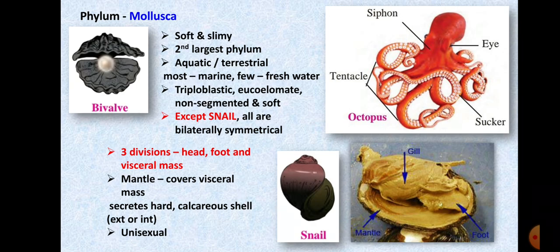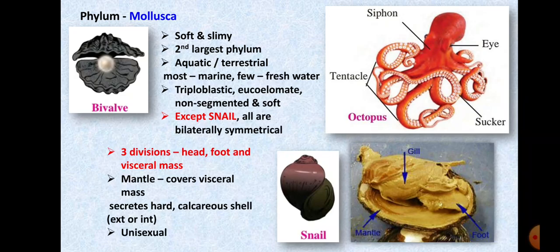So mantle is a hard calcareous shell-like structure, and sometimes this shell can be external, sometimes internal as well. All the molluscans are unisexual, either male or female. They are not hermaphrodites.